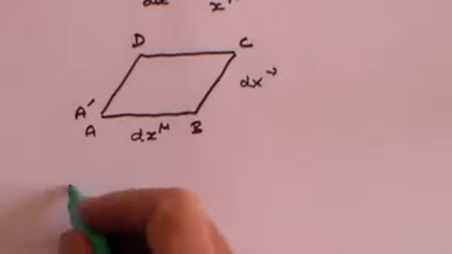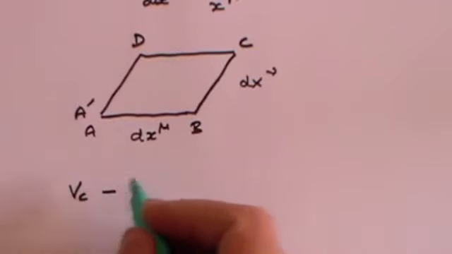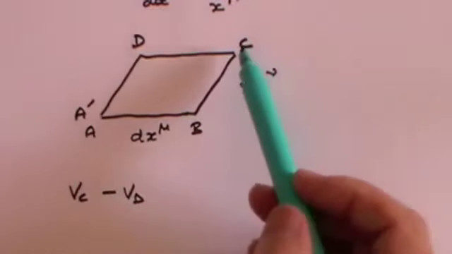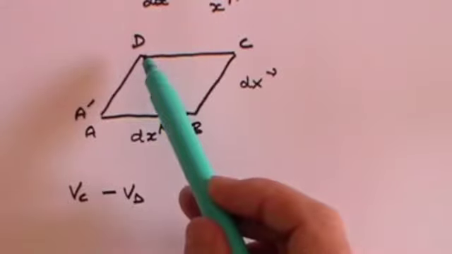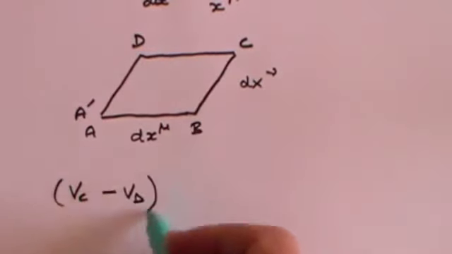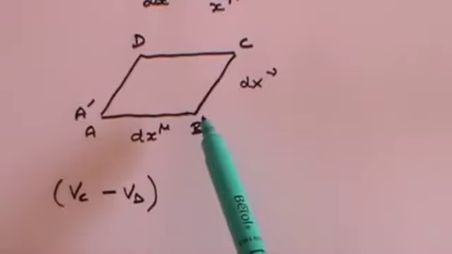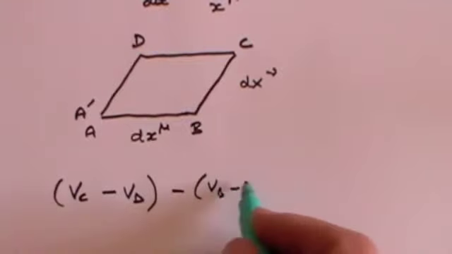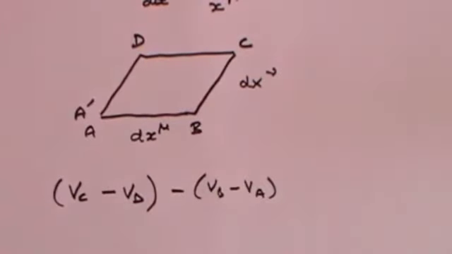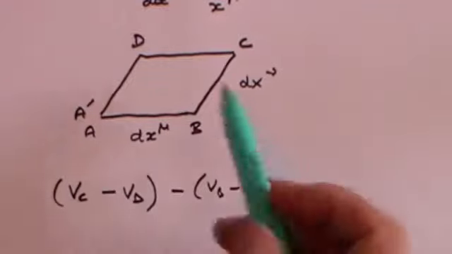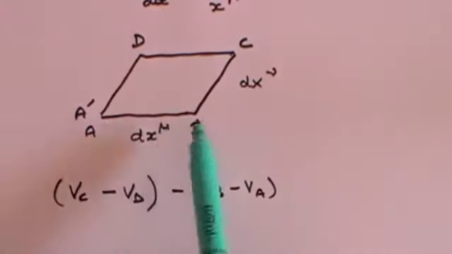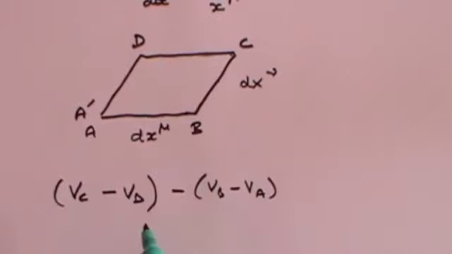Now let's just consider two paths. The first is V_C minus V_D. That's essentially the difference between the vector at point C and the vector at point D. And compare that with the vector at point B and the vector at point A. Now, if we are going around a flat surface, then V_C minus V_D will equal V_B minus V_A, and that whole term will equal 0.